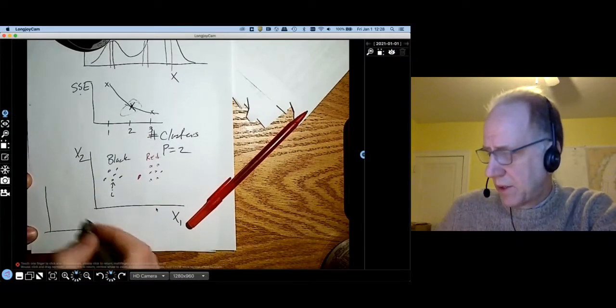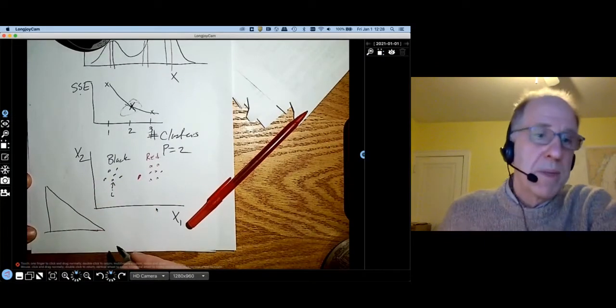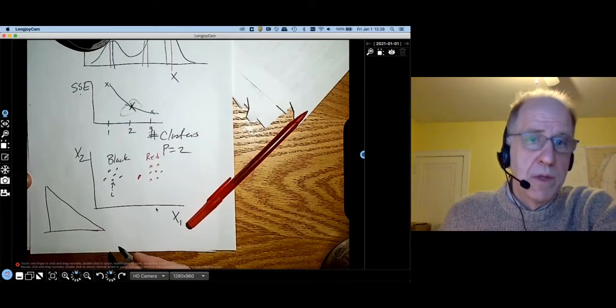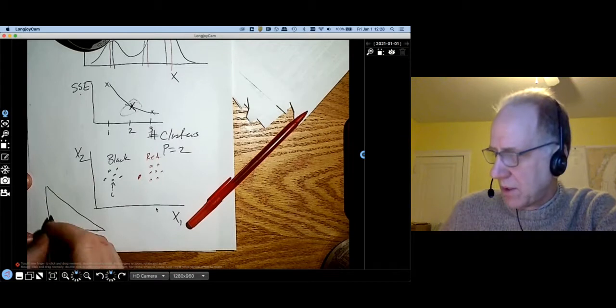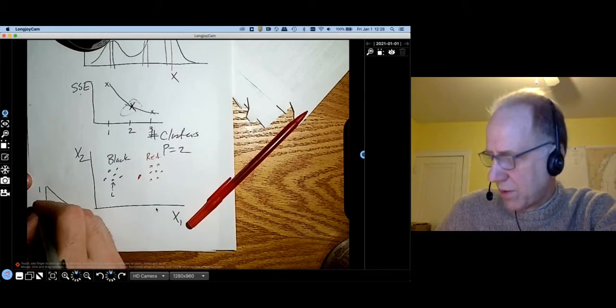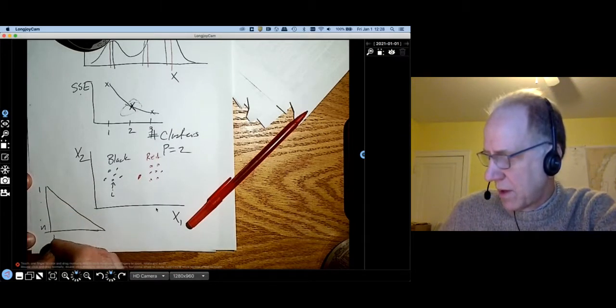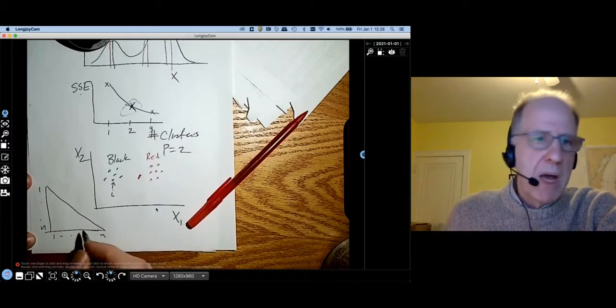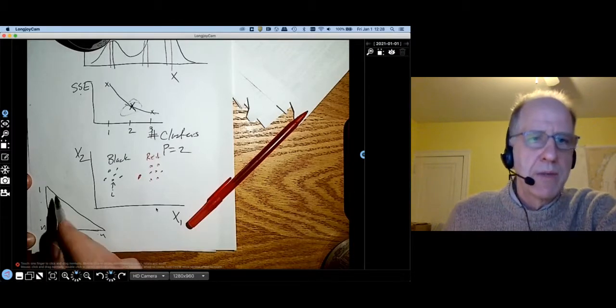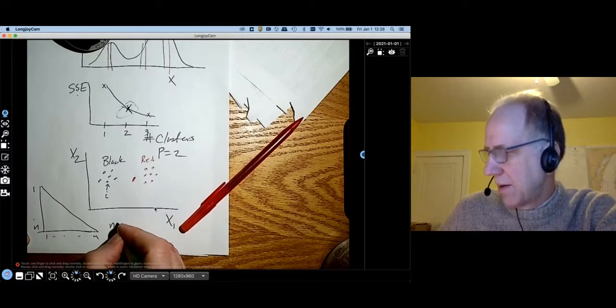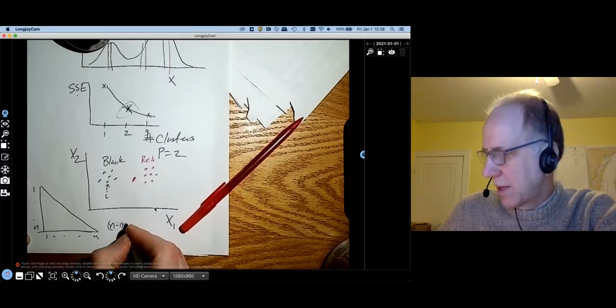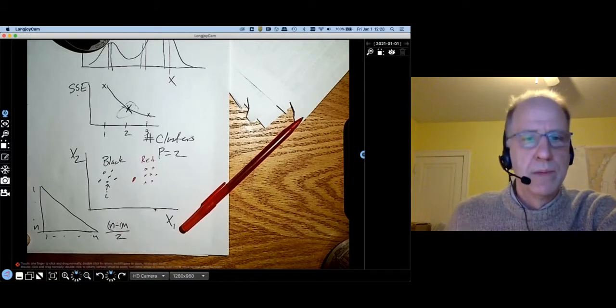That n by n distance matrix will probably be symmetric, assuming I'm using a symmetric distance metric. But that still means if I have 1 through n here and 1 through n here, I don't need to find the distance between an observation and itself, but the number of entries in this is going to be n minus 1 times n over 2.